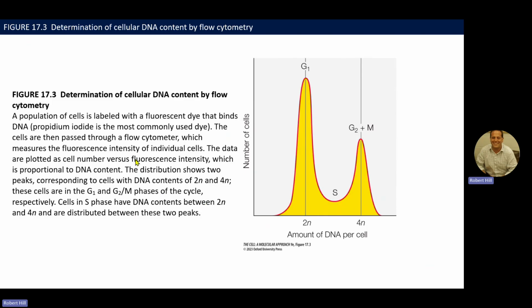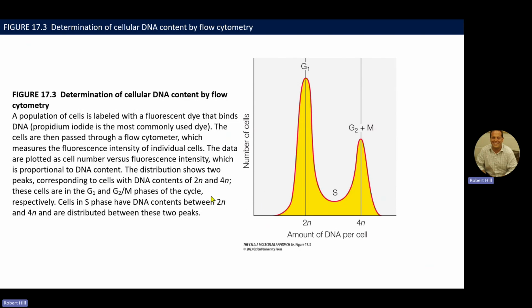The most common one is a dye called propidium iodide. There's a brief step where you take your population of cells and fix them in ethanol. It takes like an hour or two. Then you stain your cells and put them in the flow cytometer.